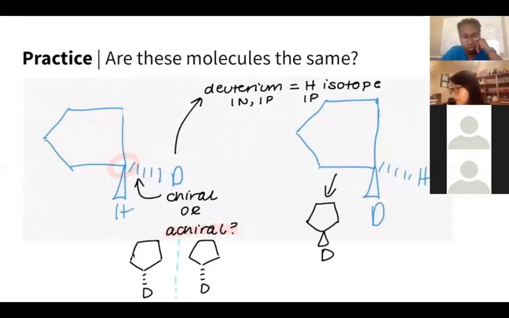Does that make sense? Because this deuterium is really the only thing differentiating it, you can just imagine flipping the pentagon over, and then the deuterium is now sticking forward instead of back. Does that help? If you have any questions, you can just email me.